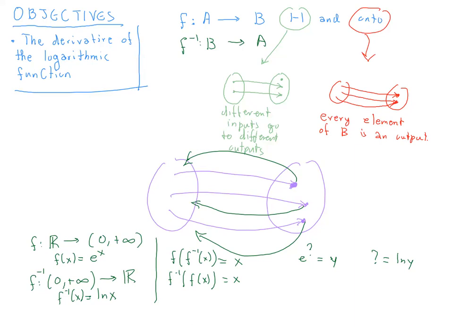In the case of the exponential function, this simply reads that e to the ln of x is x, and ln of e to the x is x, which are pretty much the formulas that can be considered to define the logarithmic function.